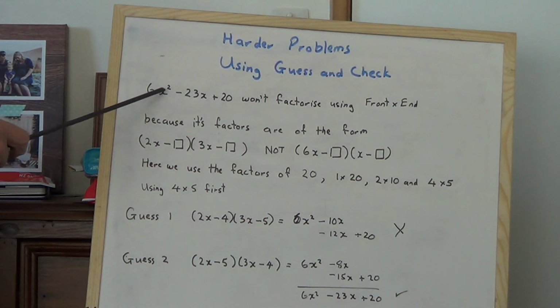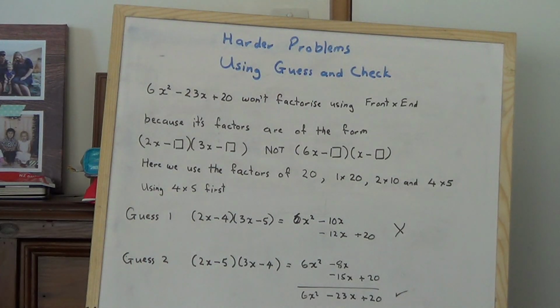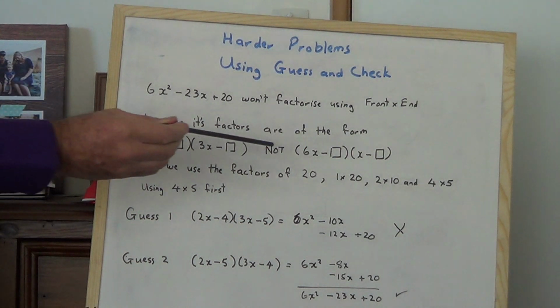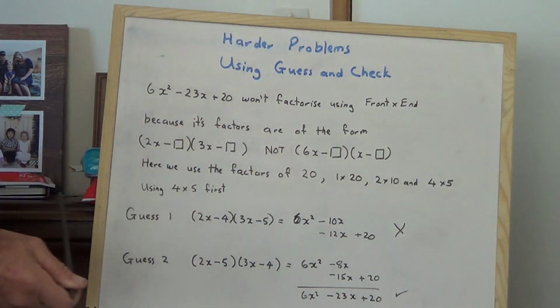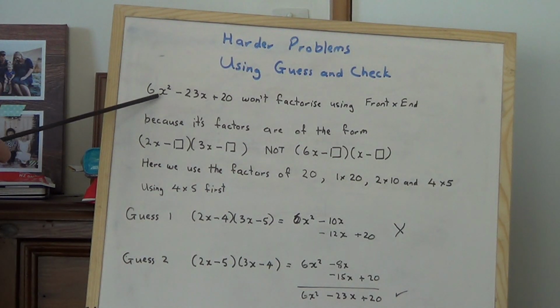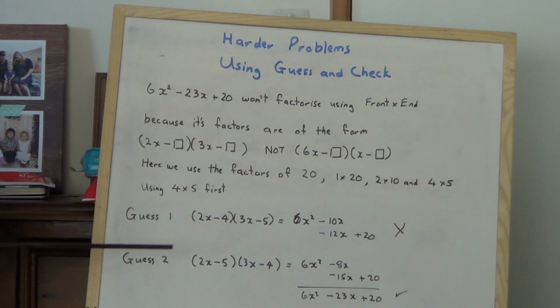Now, this won't factorise using the front and end approach. It's worth trying because it eliminates this factor where you've got 6x and x. So the only other factors you can have to get 6x squared is 2x here and 3x there. And you've got to find these two numbers here.